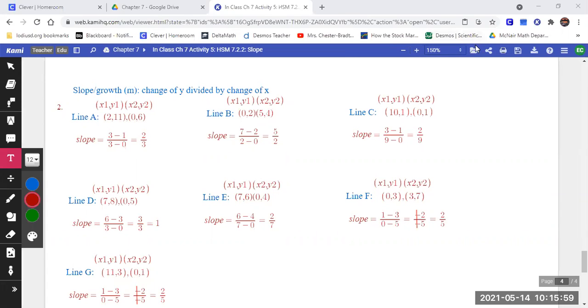No, because remember we figured it out in F, it was the same thing. So it doesn't matter which parentheses we start with.